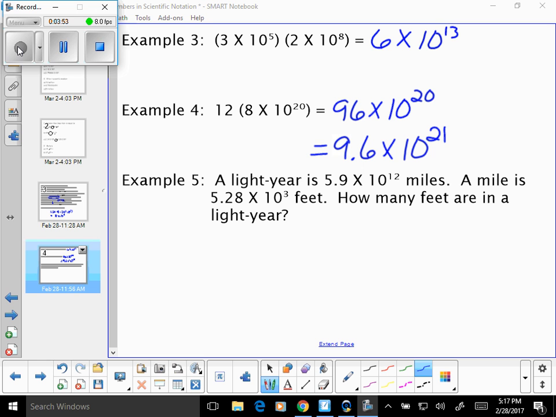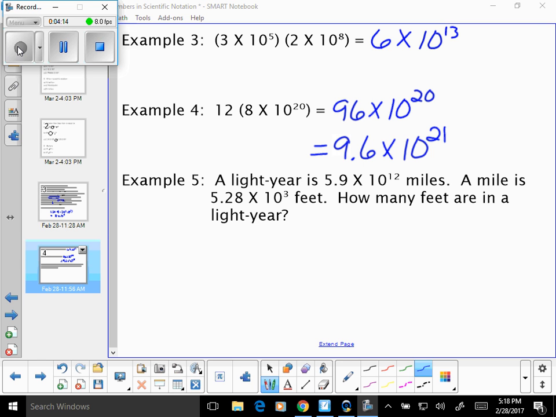in example 5, we are going to take a light year, which is 5.9 times 10 to the 12th miles, and convert it to feet. And we have to remember that there's 5,280 feet in a mile. 5,280 is written in scientific notation as 5.28 times 10 to the 3rd feet.